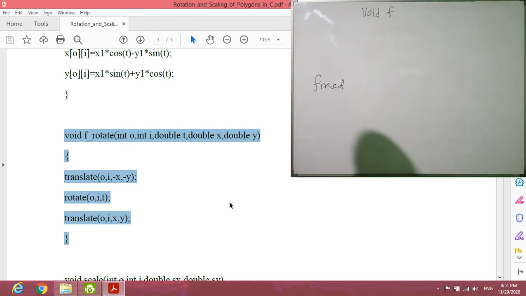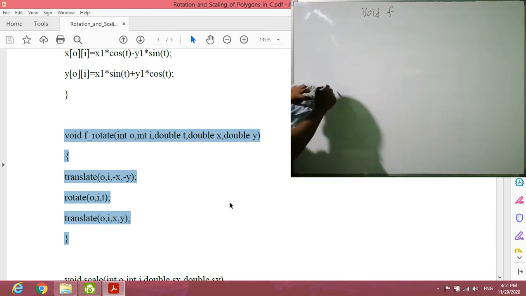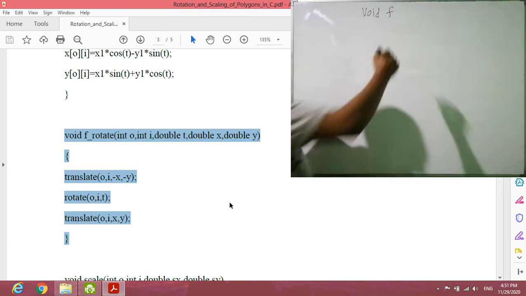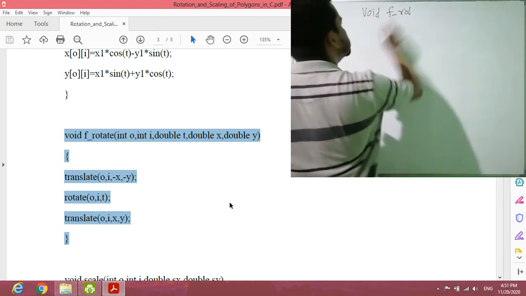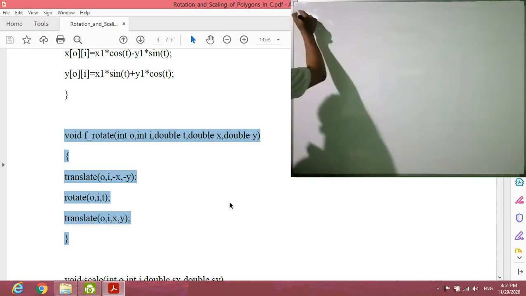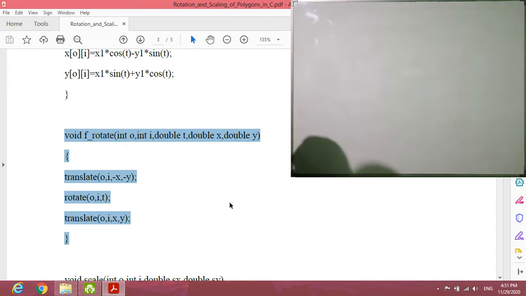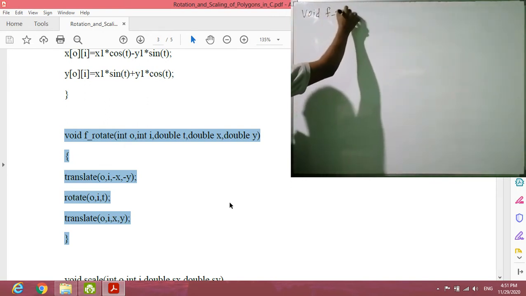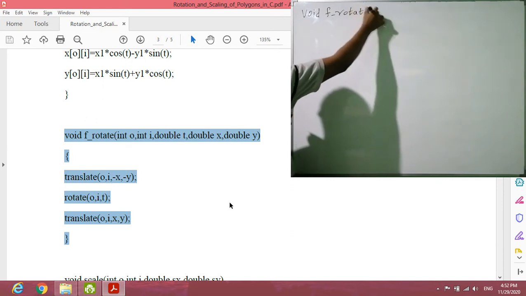Okay, fixed rotate. So f rotate is void f rotate.